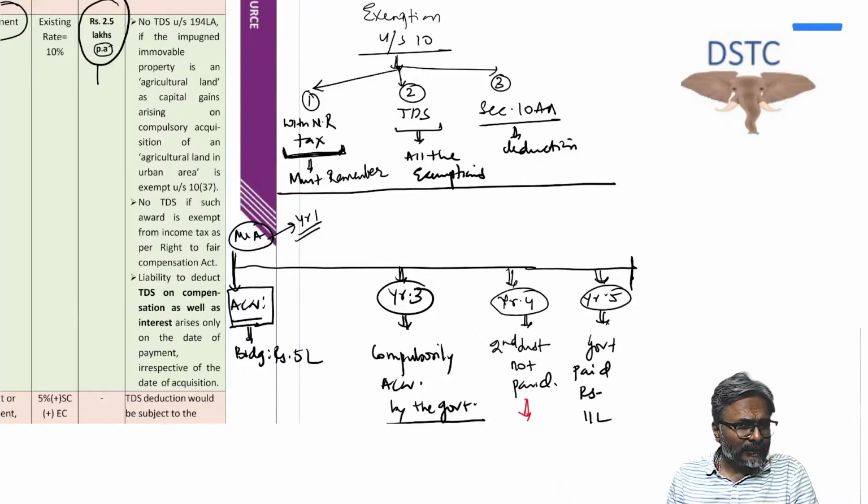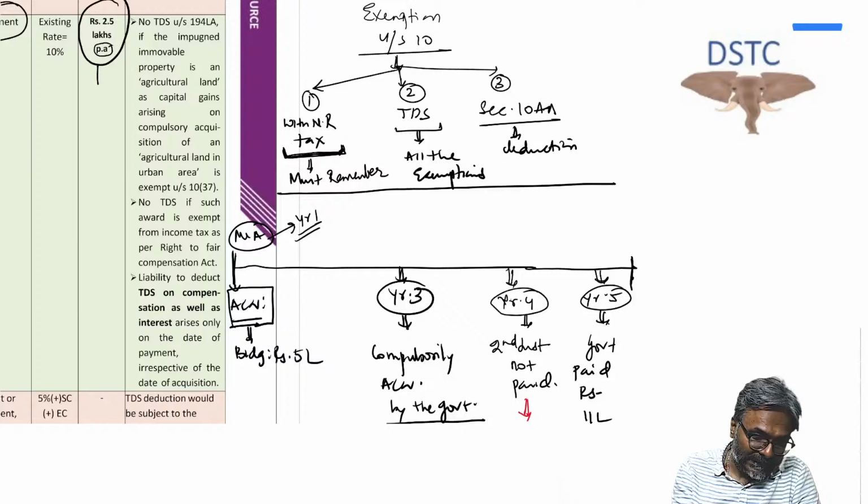Second is with TDS, whichever exemptions you come across, you need to know. And the third is not an exemption but a deduction under section 10AA, which you need to know. Those are the must sections. The rest, like share of profit received by the partner from the partnership firm is also exempt, will keep coming in between. That is fine; these are not must-knows, but you should be careful about them.